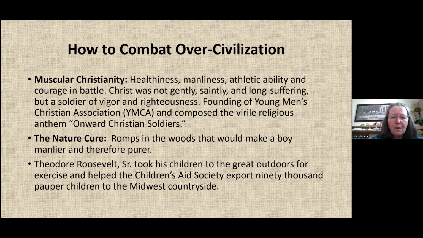Theodore Roosevelt Sr. took his children to the great outdoors for exercise, and he helped the Children's Aid Society export 90,000 poor children to the Midwest countryside. I have no idea why children in the Children's Aid Society would have to combat over-civilization, but I'll leave that to you to answer.